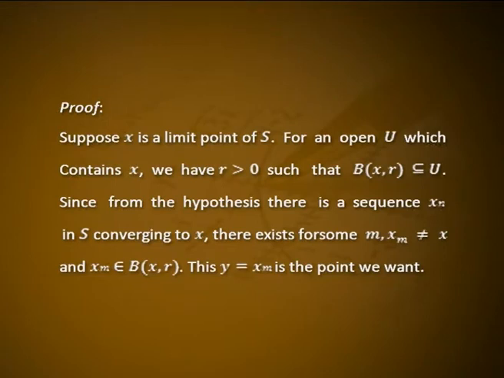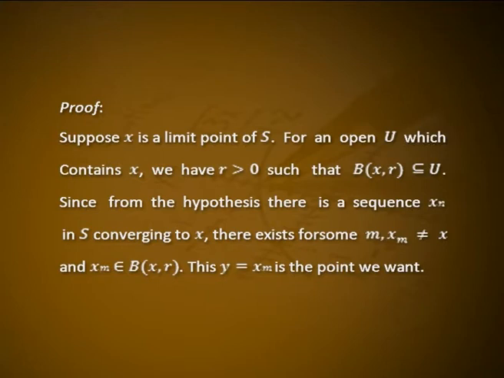For an open set U which contains x, we have r greater than 0 such that B(x, r) is a subset of U. Since from the hypothesis there is a sequence x_n in S converging to x, there exists some m such that x_m is not equal to x and x_m is an element of B(x, r).